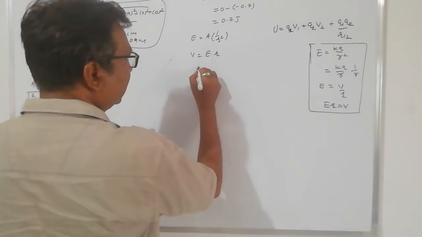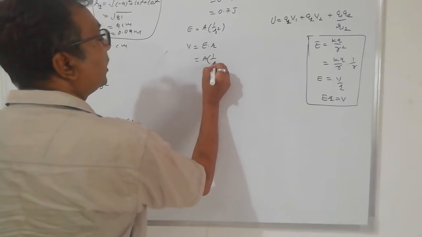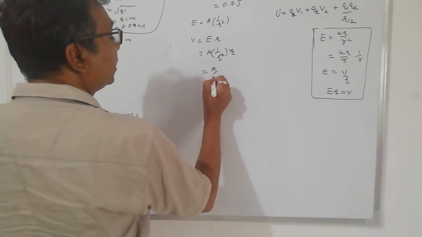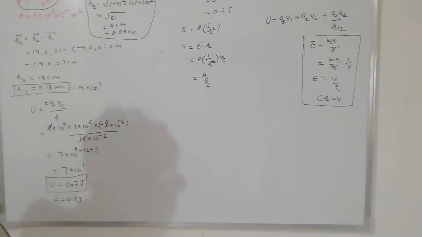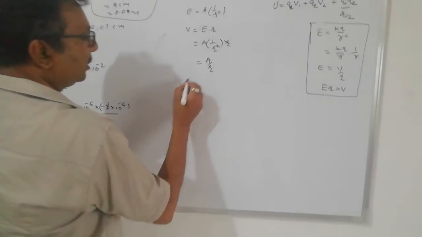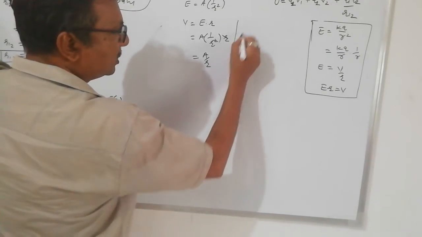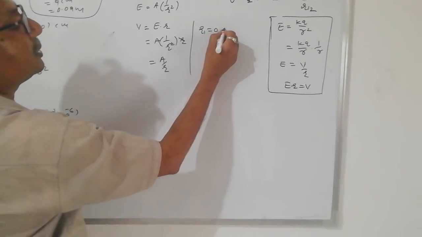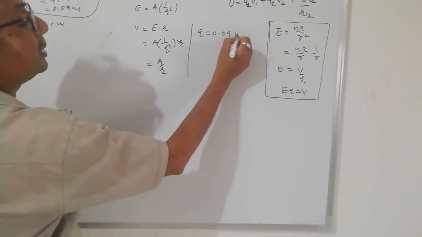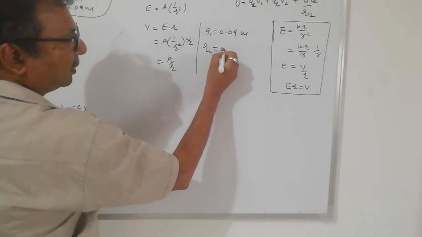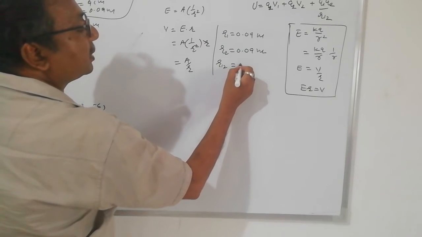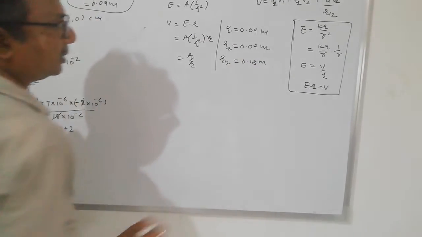E is equal to A in bracket 1 upon R square, into R, R cancels, so your result is A upon R. Now again see that R1 is equal to 0.09 meter, R2 is equal to 0.09 meter, R12 is equal to 0.18 meter.